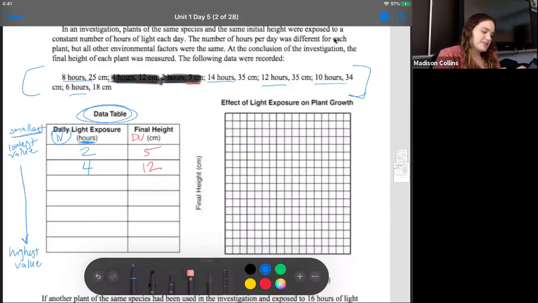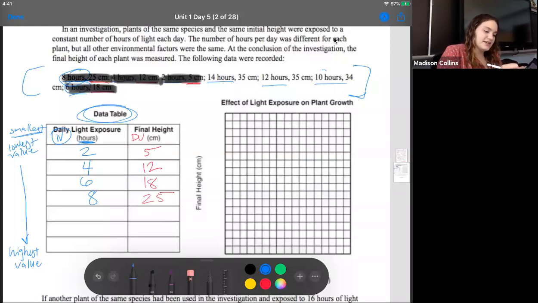Our next biggest value is going to be 6 hours, and that is associated with 18 centimeters. Cross it out when you're done. Next biggest is 8 hours, which is associated with 25 centimeters. Cross it out when you're done.